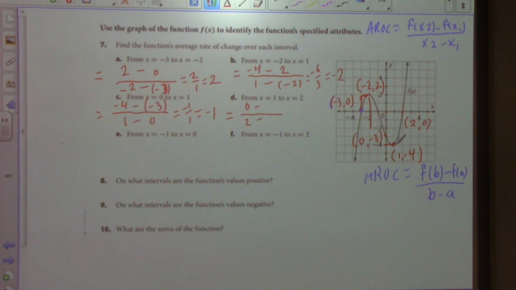So what's f of x1? Negative 4. And minus 1, right? Because that's x1. So what do we have here? Positive 4 over 1 equals 4. And we could see this, right? We can go up 4 over 1. So that makes sense if we look at it that way.